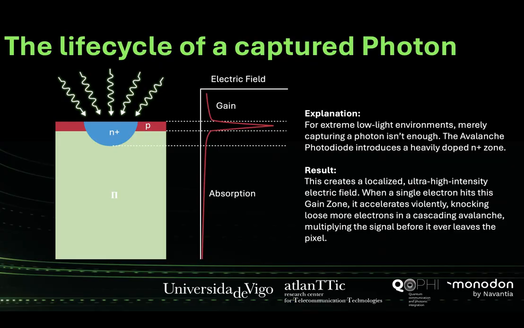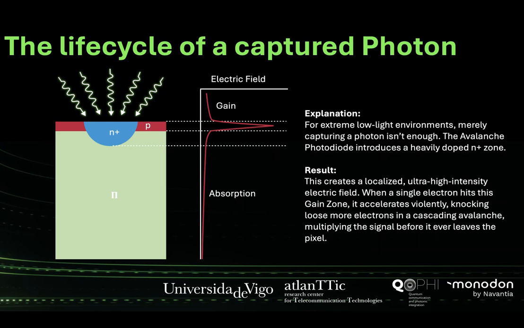Sometimes capturing a photon is not enough. In extremely low light environments, the electrical signal may be too weak to measure. That's where avalanche photodiodes come in. These devices create an ultra-strong electric field inside the gain region. When an electron enters this region, it accelerates violently and collides with atoms. Those collisions release additional electrons.